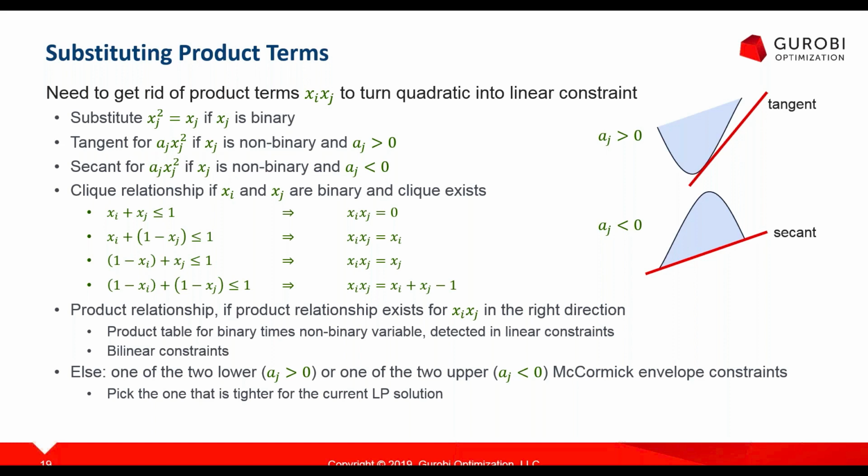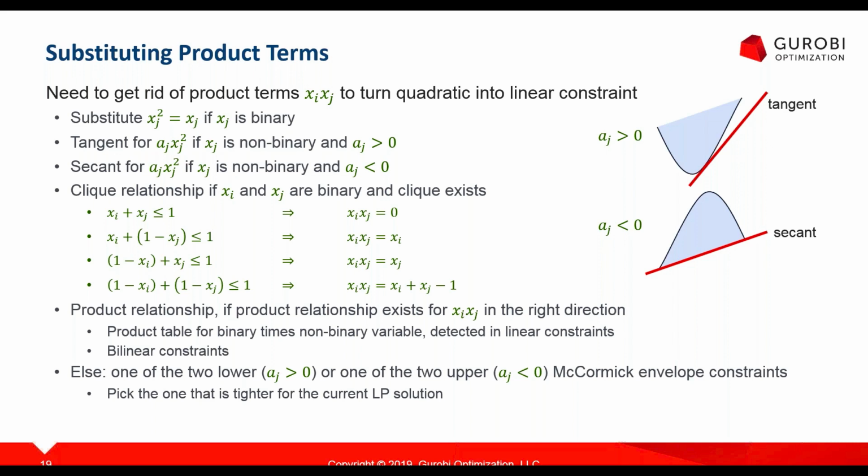Consider the first example here, that both appear with their positive literal in the clique. So that means xi plus xj is smaller or equal to 1. So that's our clique. And now it is very easy to see that the product of these two variables will always be 0. So that means we can just replace xi times xj with 0 in this case.